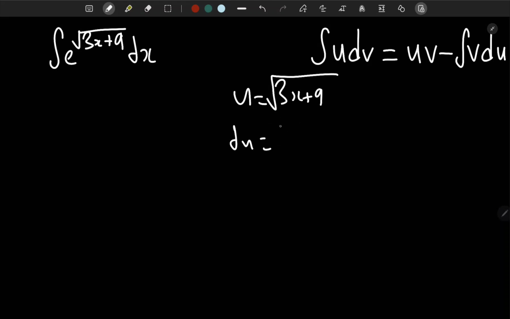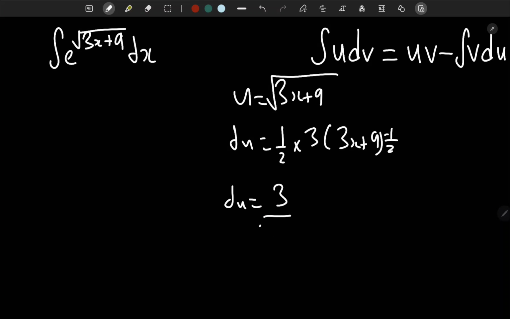Now du will be equal to, so half will come out, and then times 3 over brackets 3x plus 9 to the power of negative half, and we can bring this down, so I'm going to rewrite it. So du is equal to 3 over 2 times the square root of 3x plus 9 dx.